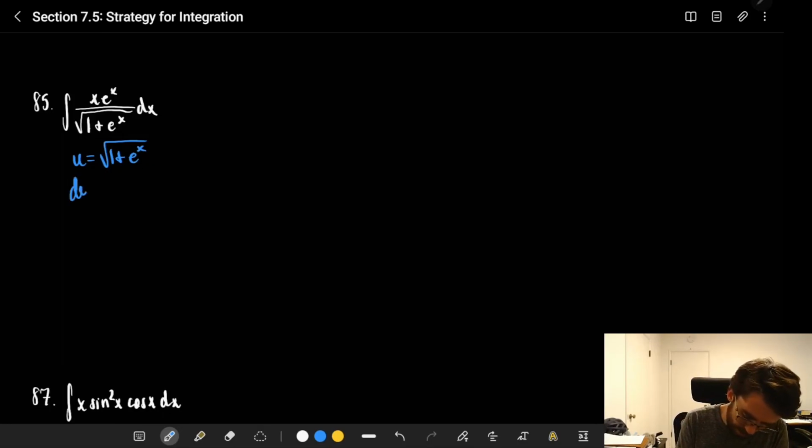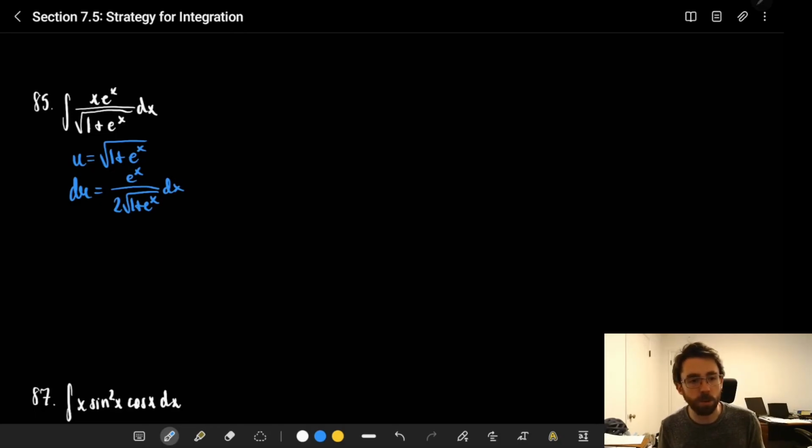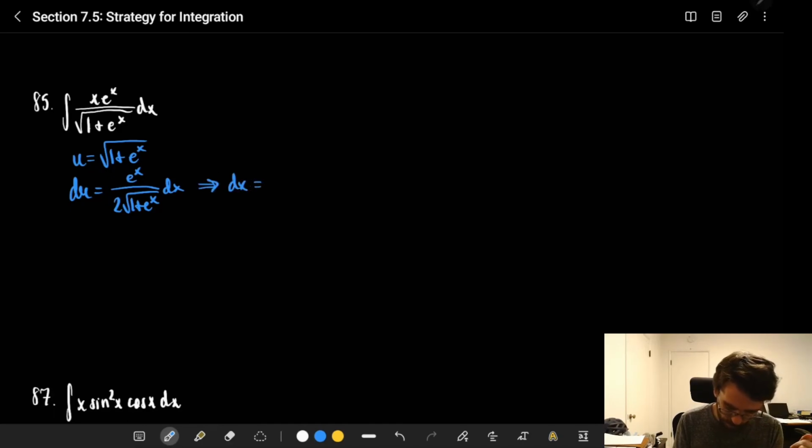Who would have thought? Du is going to be something over the square root of that. Derivative of 1 plus e to the x goes up top by chain rule. And that looks right. Cool. Solve for dx? Maybe? Why not? Don't know if this will work.